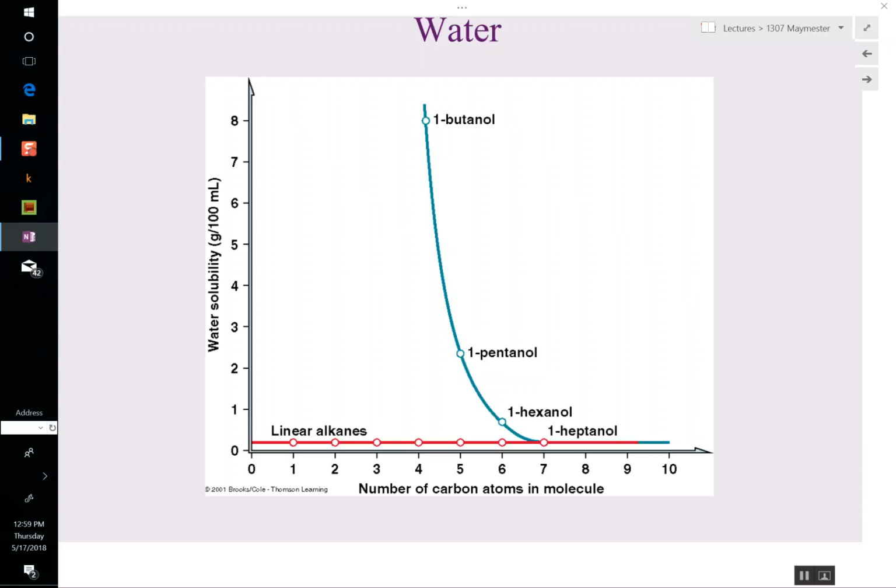And when it finally gets 7 carbons long, even though it is polar, it has some polarity to it, it's indistinguishable from an alkane in terms of solubility in water. You with me? That's what we're doing here. We got a part of the molecule that is nonpolar and one little group over here that is polar.